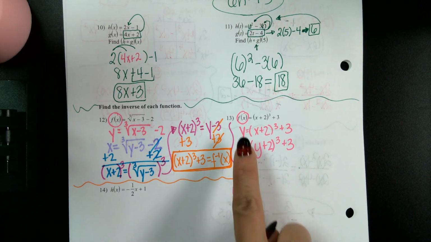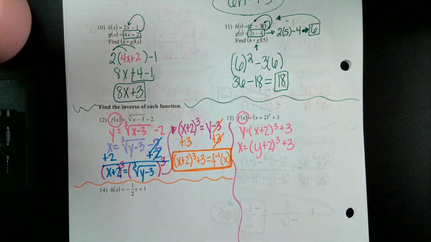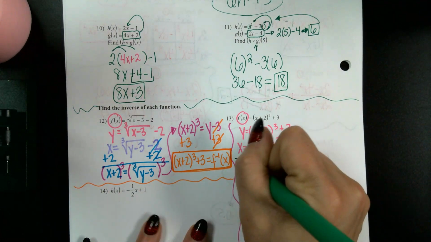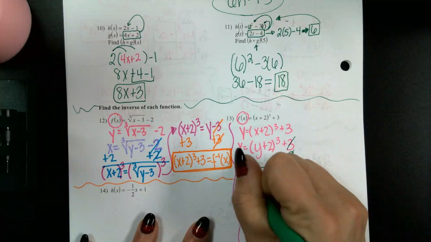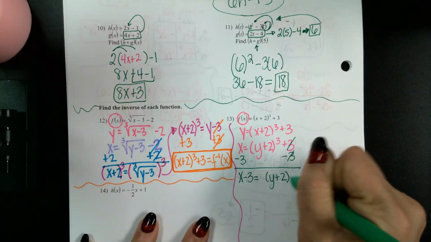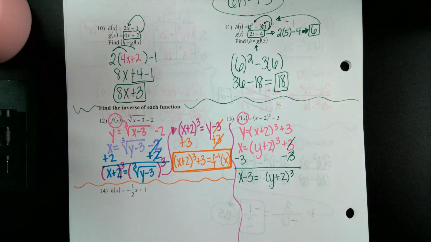So I put y in and I traded x and y. Okay, subtract 3 from both sides. Subtract 3 from both sides, yep. So we're going to subtract 3. So I have x minus 3 on the left and y plus 2 to the 3rd on the right.